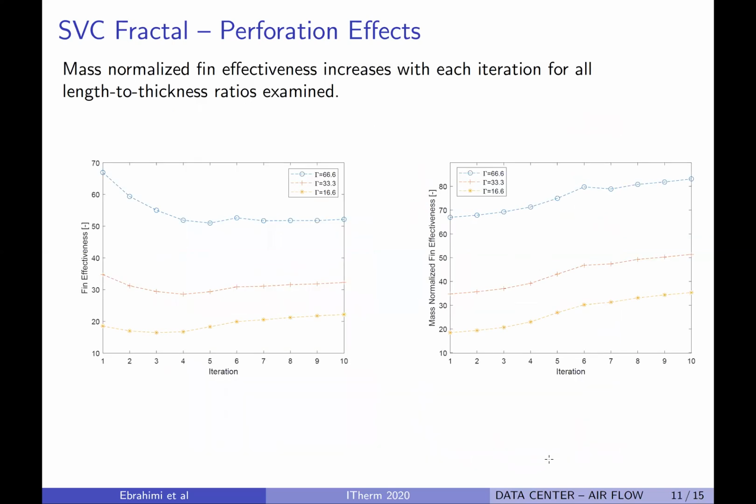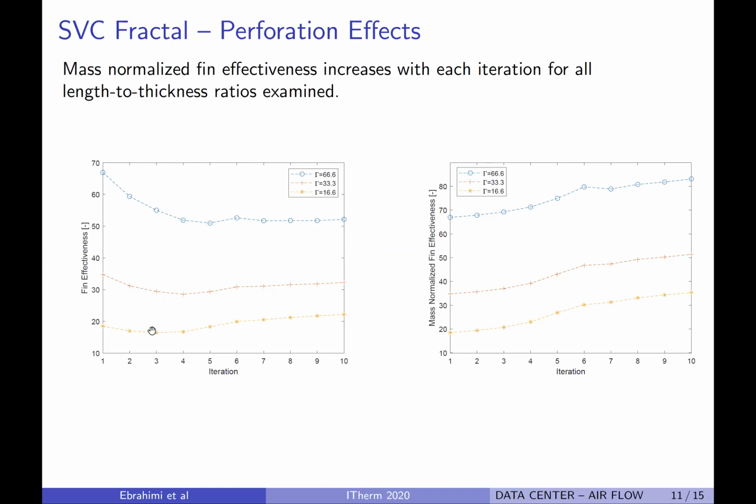This slide shows the fractal iteration effects on the fin effectiveness and the mass normalized fin effectiveness. As you see, for the thinner fin, the fin effectiveness drops up to the 5th iteration, then it slightly increases and then becomes constant. For the thicker fin, the fin effectiveness dropped up to the 3rd iteration, then it increases gradually up to the 10th iteration. And for the 10th iteration, compared to the baseline case, the fin effectiveness is 12% higher.